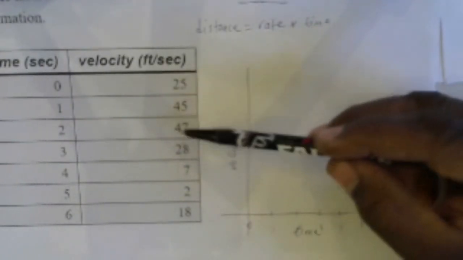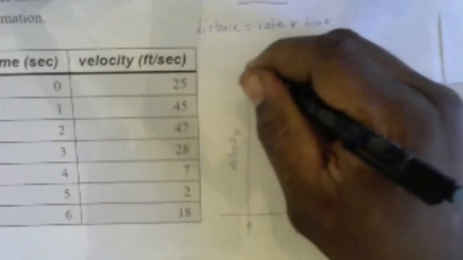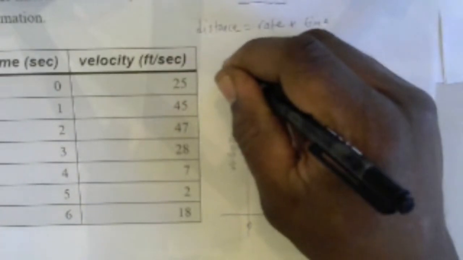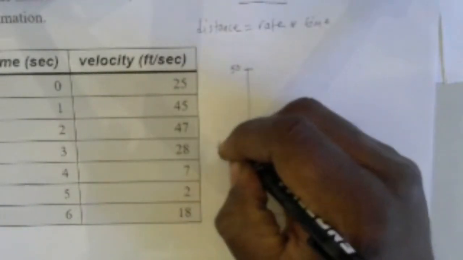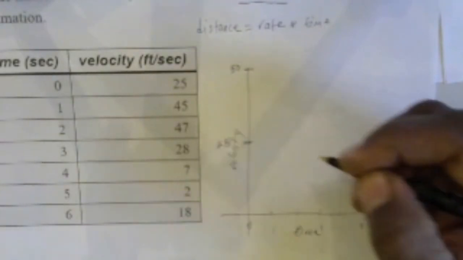Okay, and I'm going to sketch out the velocity. Now, this is just a rough sketch of what's going on. So I'm looking at my numbers. I notice the largest number is 47. So I'm going to kind of label this as 50. So this is about 25.